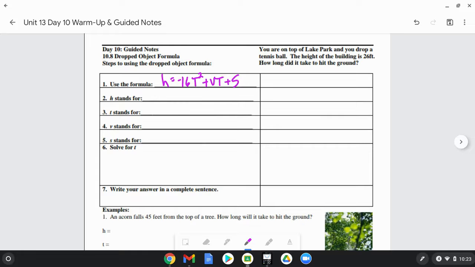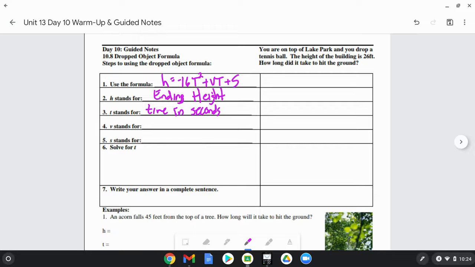So the pieces of that formula: h stands for my ending height. Normally this ending height is going to be the ground, so it's going to be 0 for the most part. T is my time in seconds, and that's what I'm usually solving for. They'll give you all the other pieces except for t.